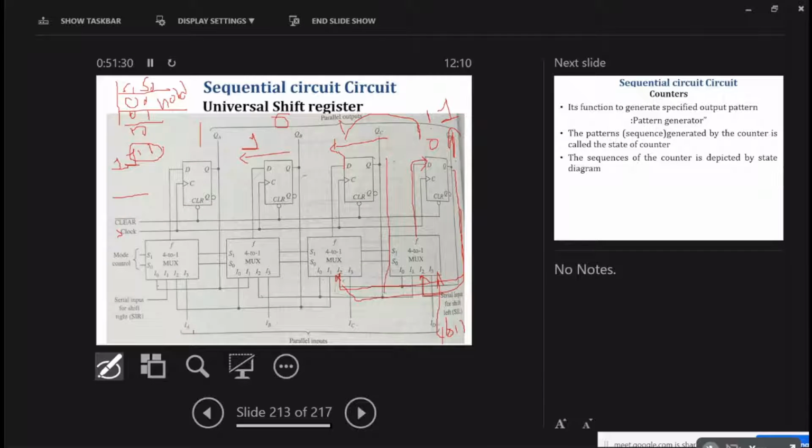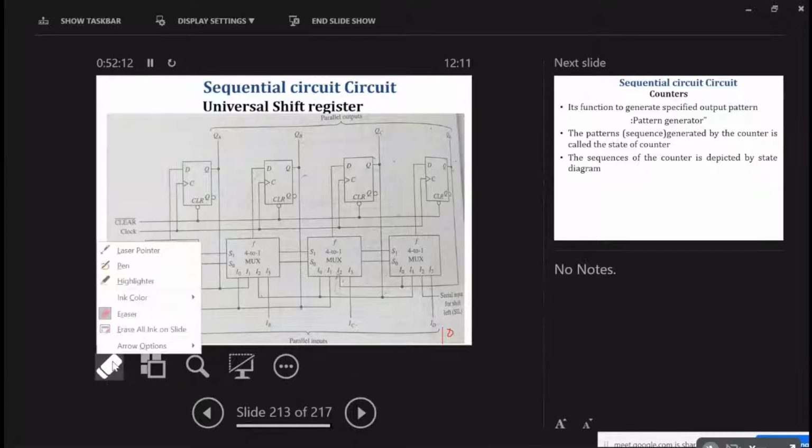Whatever is at this value, it is connected with the holding position.